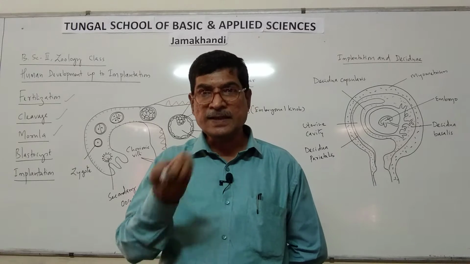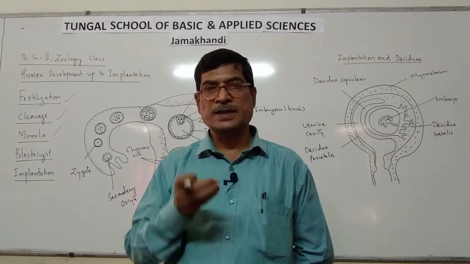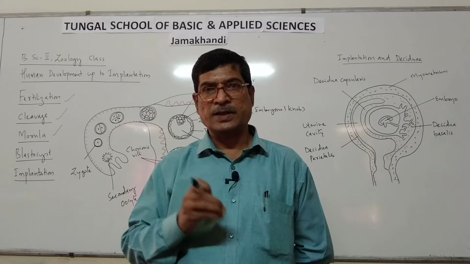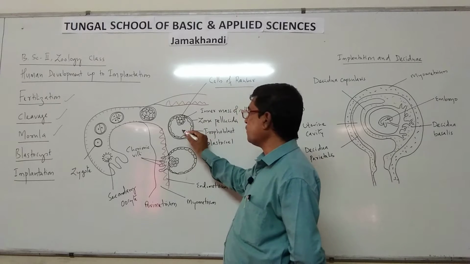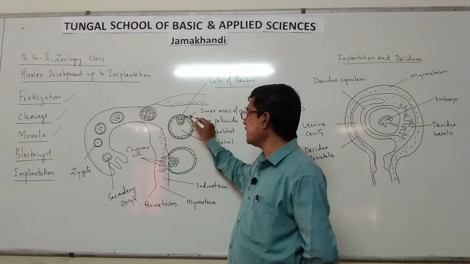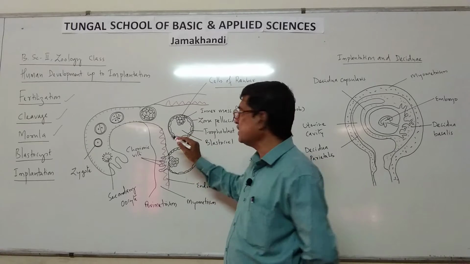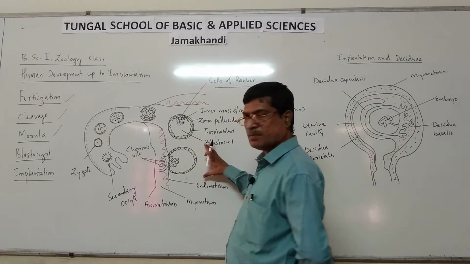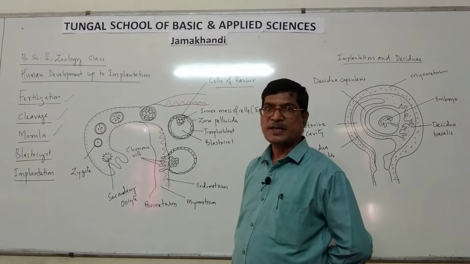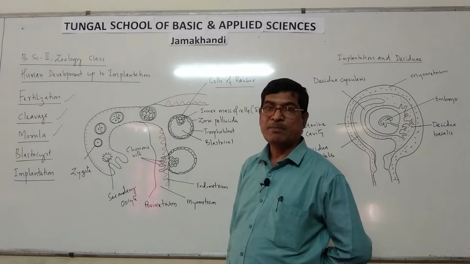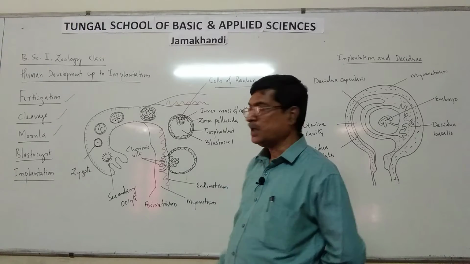Right? Later on, these cells start to secrete secretions at the center of the embryo. As a result, what happens? A cavity is formed at the center due to the release of secretions from the peripheral cells. See here, in the uterus, by that time, the uterine wall secretes secretions called uterine milk. That uterine milk is rich in nutrients.